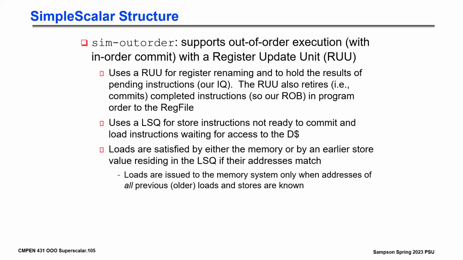But the thing that you will find when you start playing with it is, as I keep alluding to, that there are a lot of options. We spent all of 331 trying to figure out how to build one processor. And in this class, hopefully you've already realized that there are a myriad of ways you could build perfectly reasonable processors that do not radically differ from each other in overall outcomes.